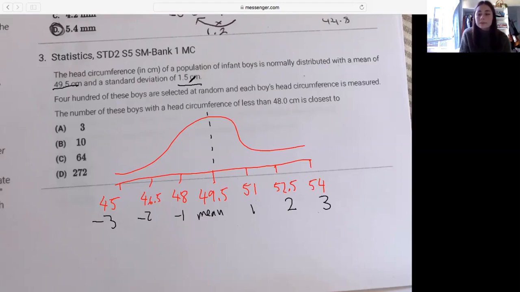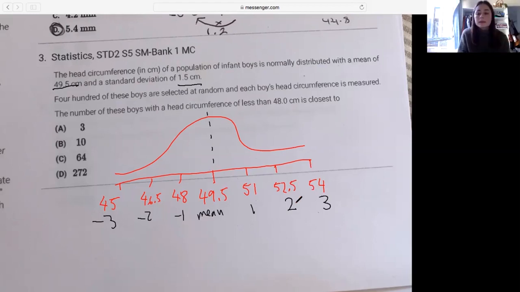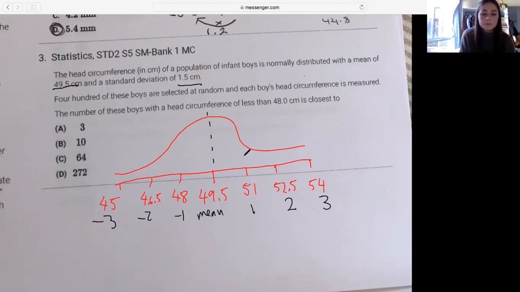Does that make sense? Yes. And then 2 standard deviations would be 49.5 plus 1.5 plus 1.5 because it's 2 standard deviations above. Yeah. Cool. So that's how I got the picture.